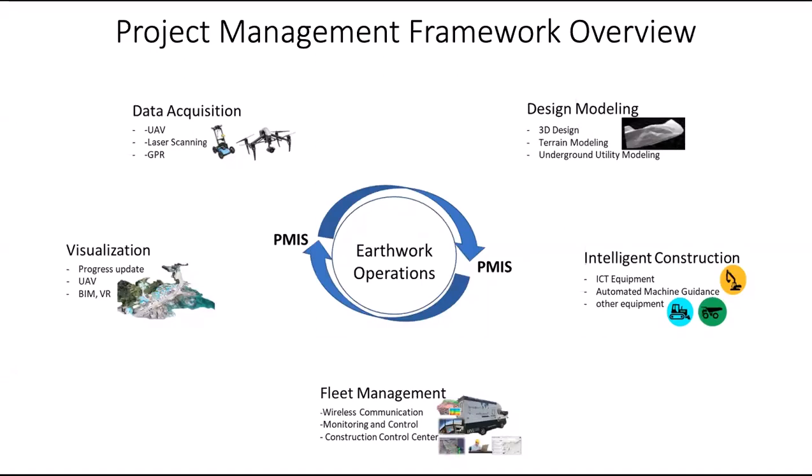Intelligent construction technologies include different automated technologies, like automated machine guidance, compaction rollers, and other types of machinery which we try to automate. Then there is a fleet management system, or a control center, in which we try to control different activities.